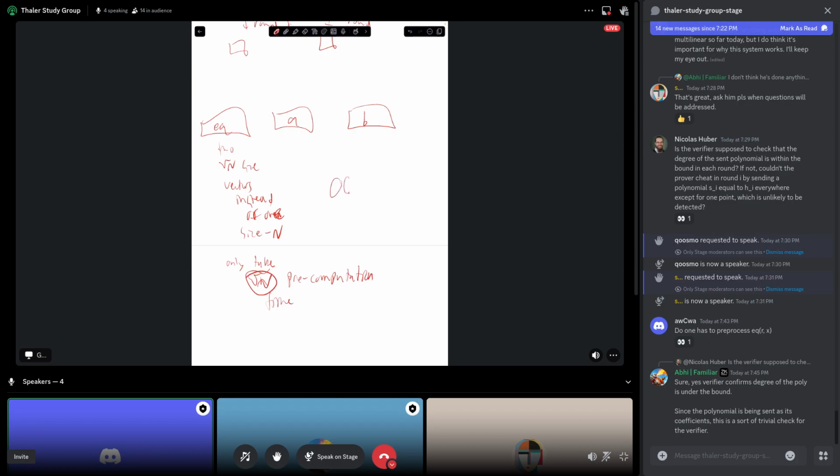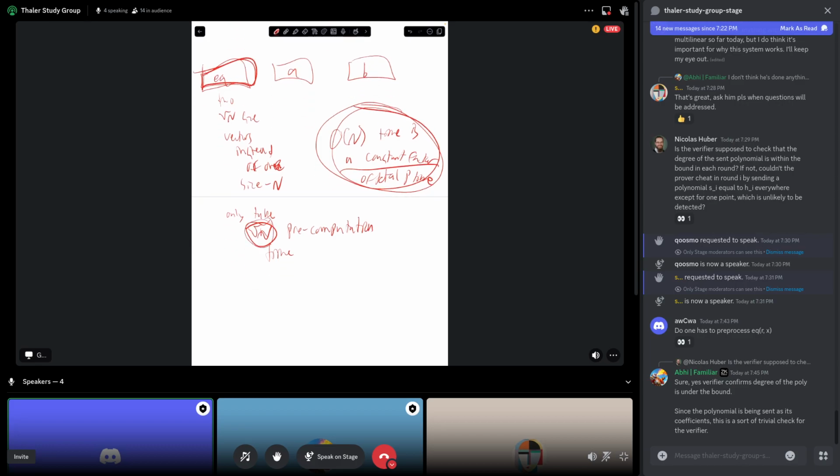So computing the whole size n vector is order n time, a constant factor of total sum check prover time. Maybe that's like 30% of total prover time was just computing this equality vector. And so once you recognize that the prover doesn't have to compute that whole equality vector, but rather can just compute two size root n vectors, you actually speed up the prover by a constant, like a 30% speed up or something.